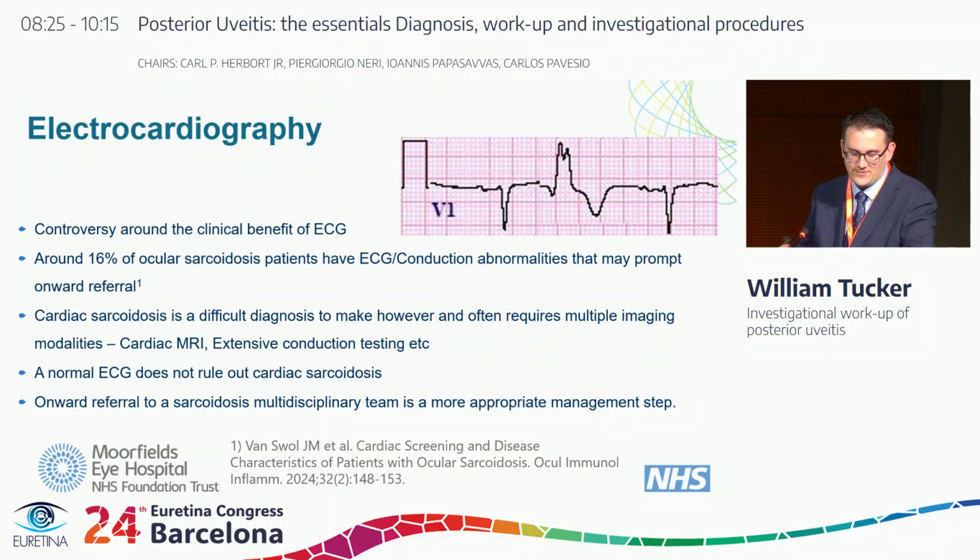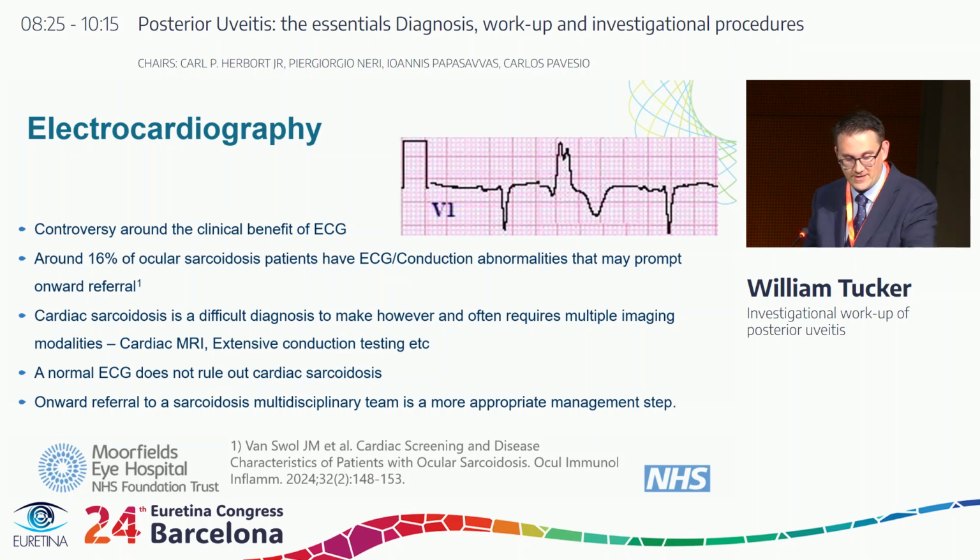So there's a little bit of controversy around this. Again, it's similar to other things where it can be useful to do potentially if it's abnormal, because 16% of sarcoidosis patients do actually have ECG abnormalities, and if you find it, it can be useful to then refer them on. However, cardiac sarcoidosis is a very difficult diagnosis to make, and often the cardiologists themselves struggle to make it.